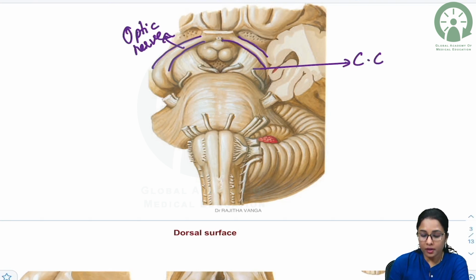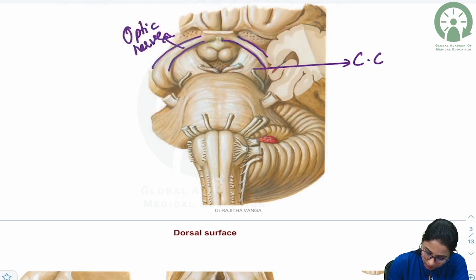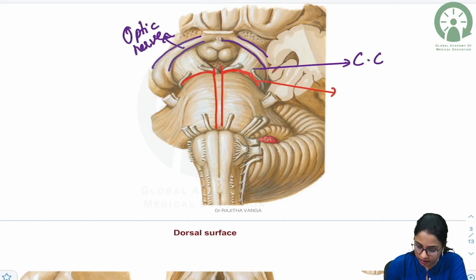And we know already that the basilar groove over the pons lodges the basilar artery. When the basilar artery reaches near the upper border of the pons, it gives off branches which lie over the crus cerebri, called the superior cerebellar artery.